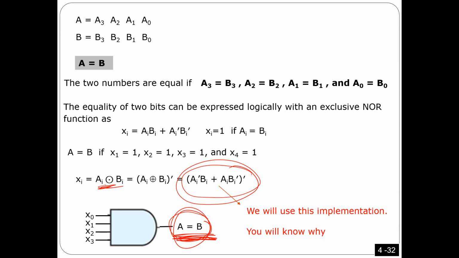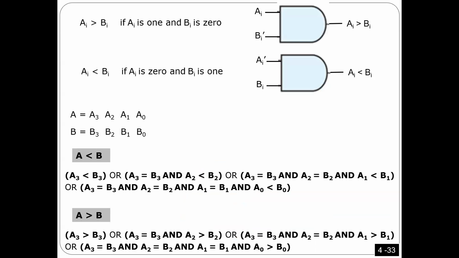Or I can tell you to design a circuit only for greater. But here I'm designing a circuit for equal, greater, and less. You get what I'm saying? Here I'm explaining it for 4 bits. But in the exam I can tell you only 2 bits, for example, or maybe 5 bits. For sure, I will not go beyond 4 bits, but maybe smaller. But anyway.